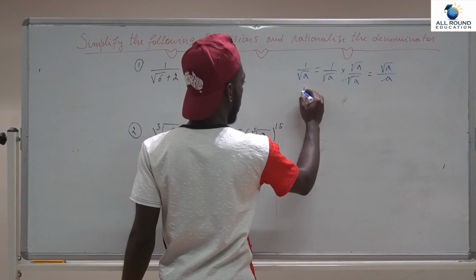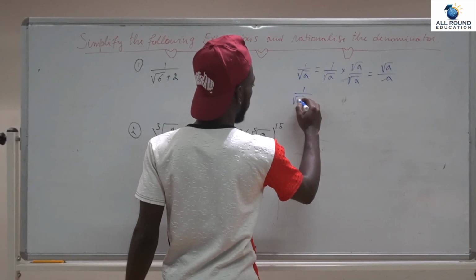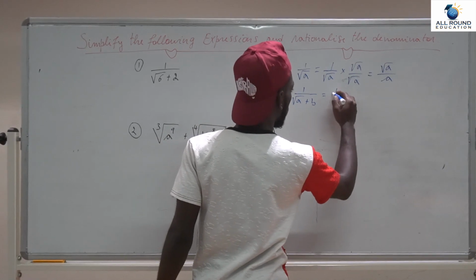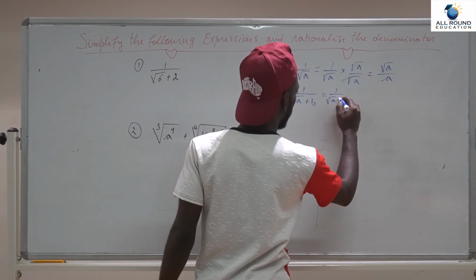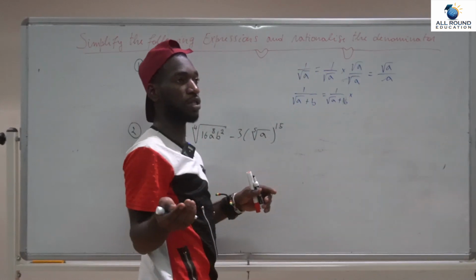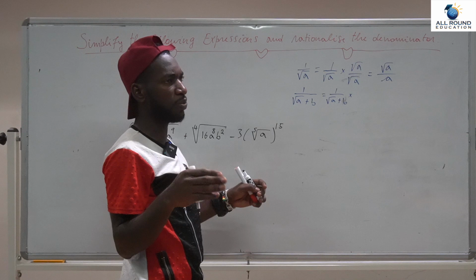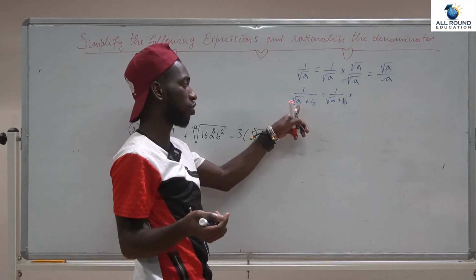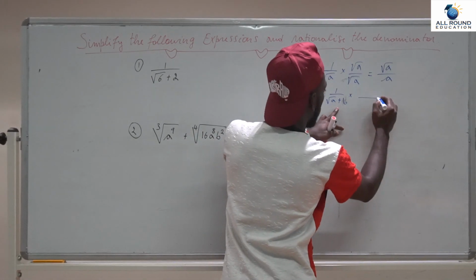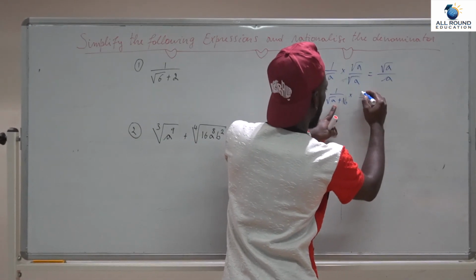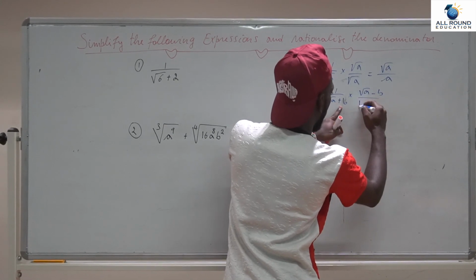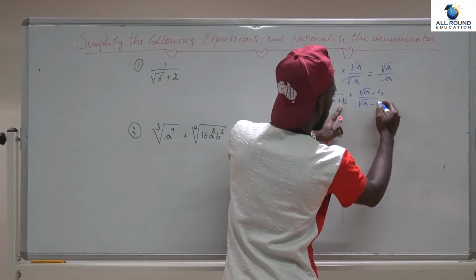And then if we have, let's say, root a plus b, then here you have 1 over root a plus b, and then you times by the conjugate, which is basically a reciprocal relationship between the first fraction and your new fraction. So the conjugate of this will be root a, instead of plus, minus b, over root a minus b.